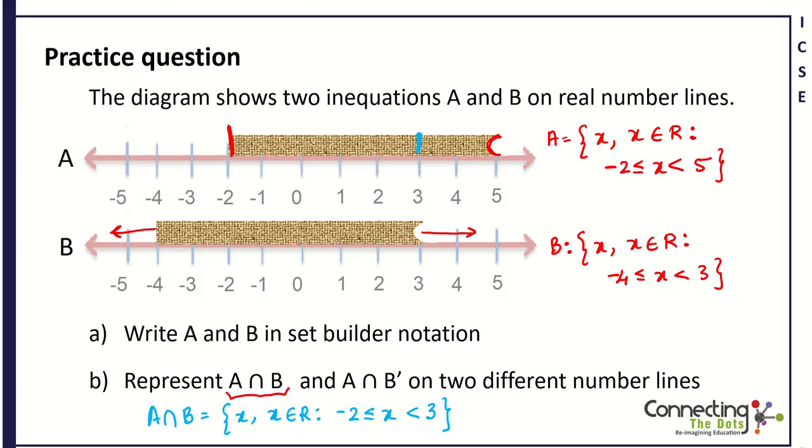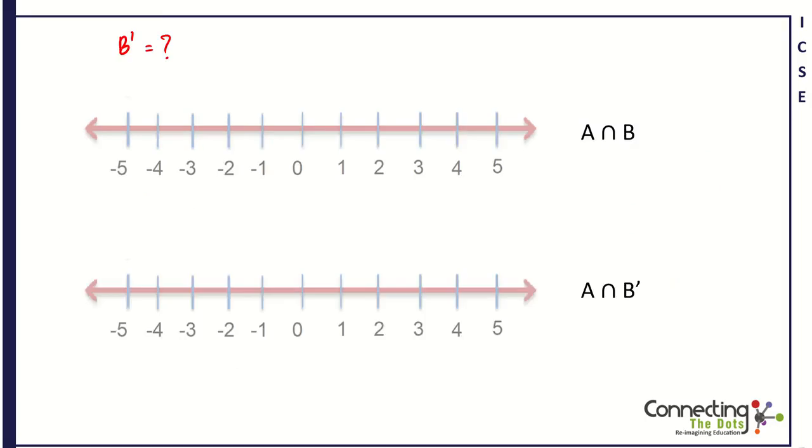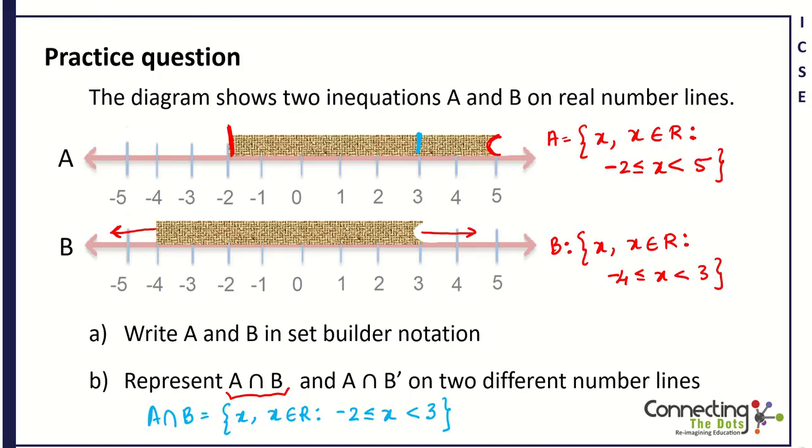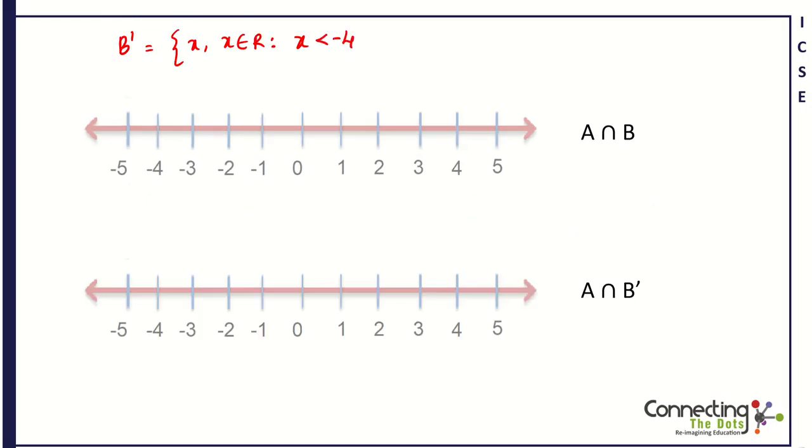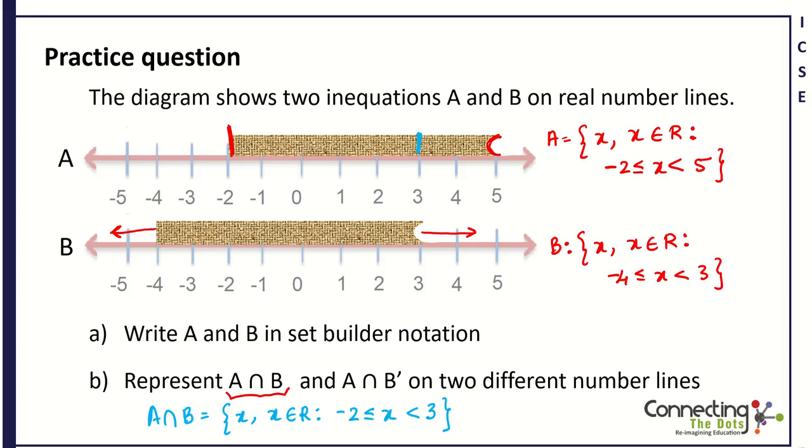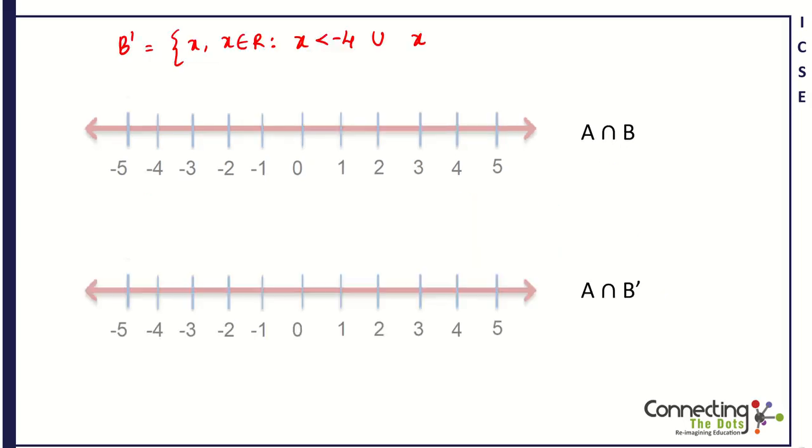So let's first recognize what B naught is. It consists of all the numbers which are real such that x is less than negative 4 and x is greater than or equal to 3.